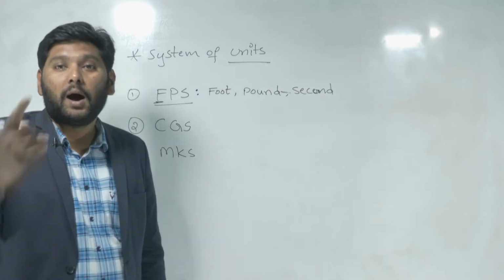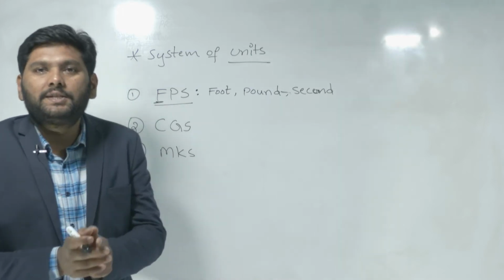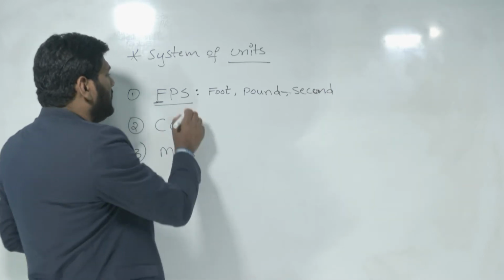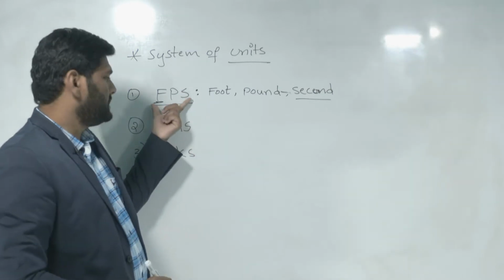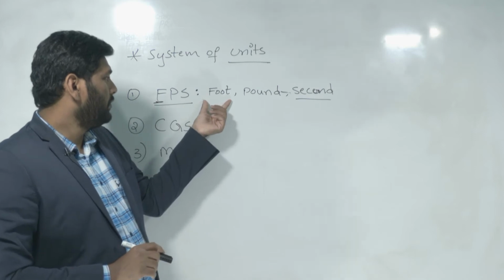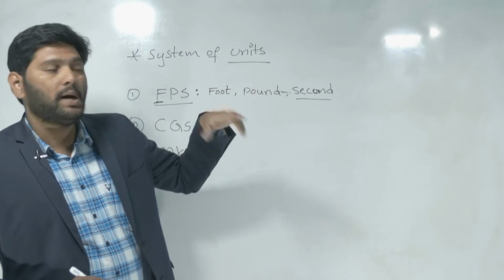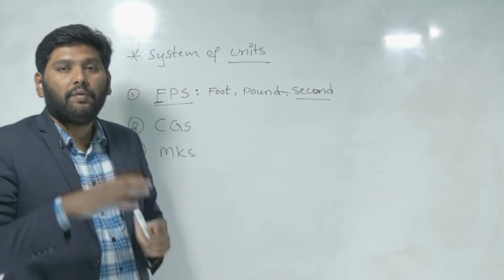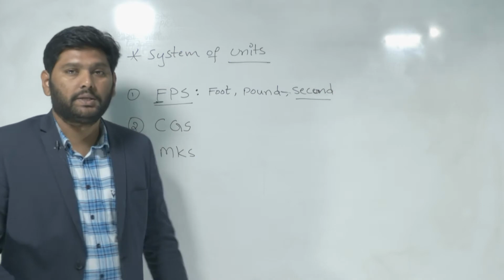Pound is a mass unit, which means in the FPS system the mass unit is pound. Second is the time unit. So foot is for length, pound is for mass, and second is for time. This is the way we calculate physical quantities with these units.